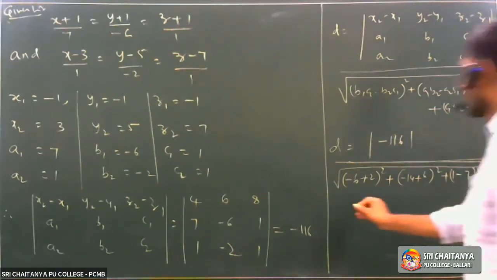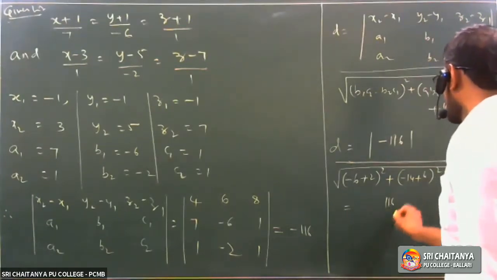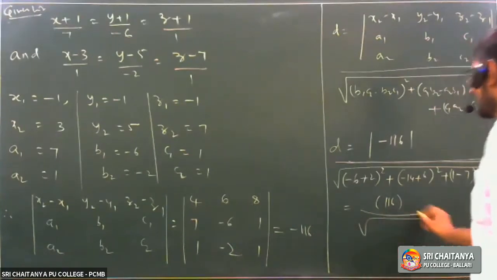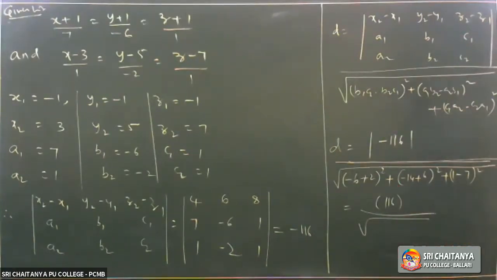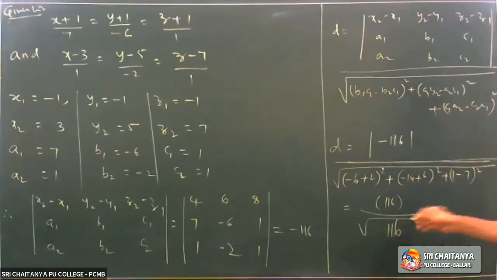That means you get mod 116 upon root of the same. This is 16, this is 64, this is 36, same value, root 116. Simplify this and you get the answer.